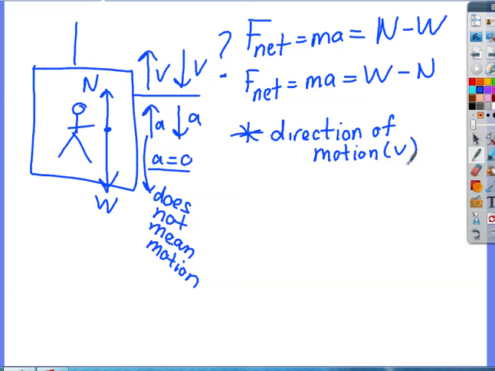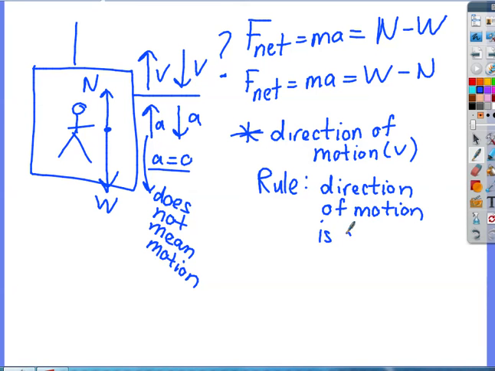We will say, and this is a very, very important rule, follow this rule for this unit and into the next: we will say the direction of motion is always positive. Okay? So what we mean by that, this is very important, is that the direction of motion is always positive.